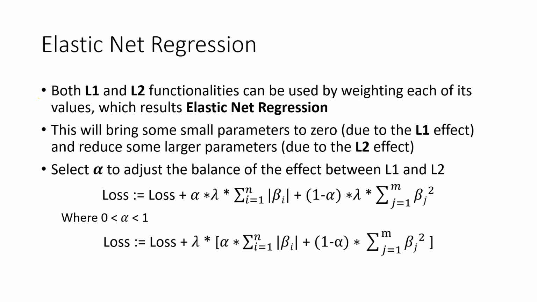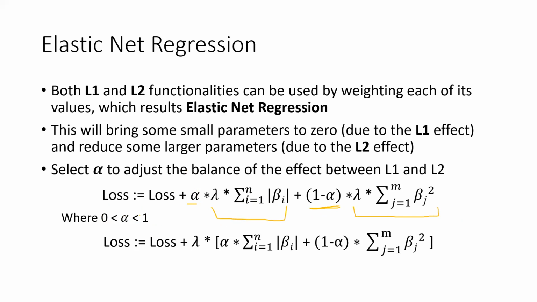In this elastic net regression, you select a parameter known as alpha and apply it as alpha times L1 regularization plus 1 minus alpha times L2 regularization, where alpha is a number between 0 and 1, right?